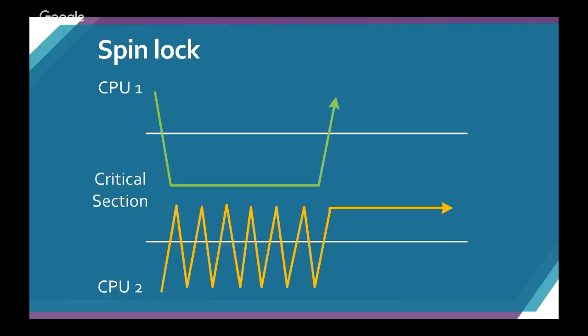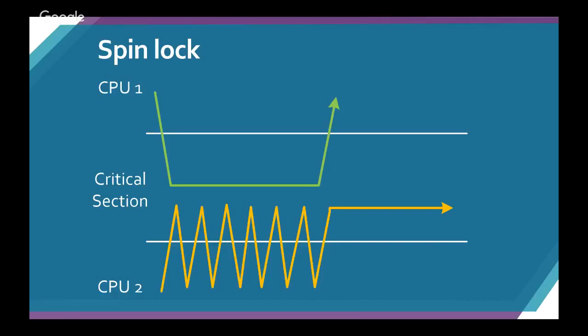And what the second thread does, it actually tries to access it continuously, which is why it's called spinning. It tries and tries and tries until it succeeds. Then it enters the critical section, and it got the lock on the resource. So that's the spin lock.